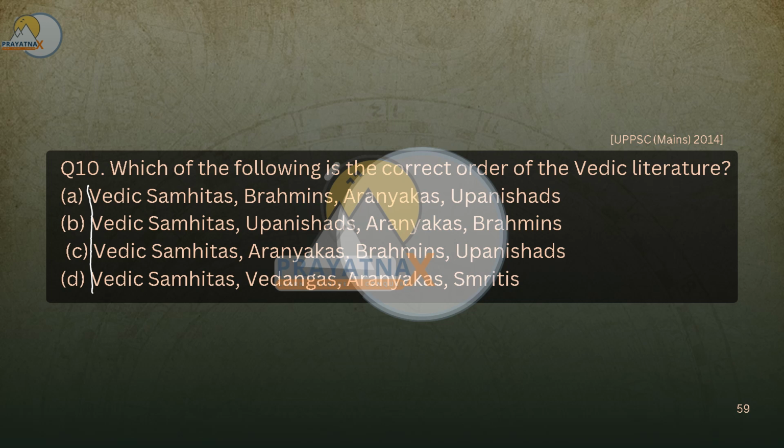So if we look at the chronological order, it begins with the 4 Vedas, or the Samhitas, being Rigveda, Samaveda, Yajurveda, and then Atharvaveda, and then it is followed by their associated Brahmanas, and then Aranyakas, and finally the Upanishads.